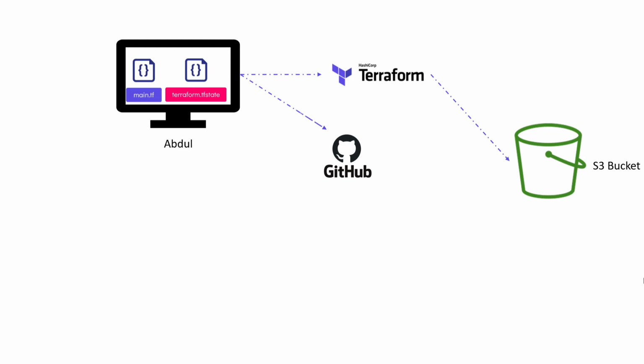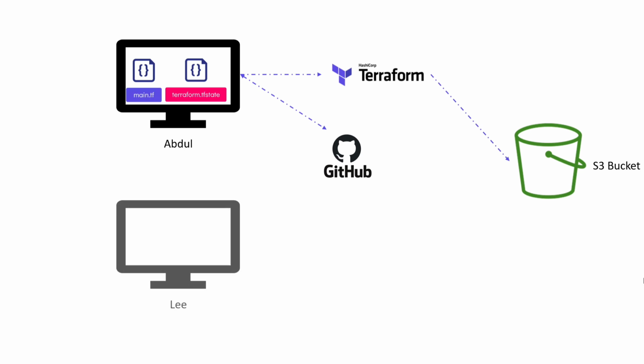The files are fetched from the Git repo, changes are then made to the configuration file, and this is followed by a terraform plan and then apply. Finally, the updated configuration file and the state are pushed to the Git repo. Now, let us assume that the team is growing and a new developer called Lee also wants to manage the infrastructure using Terraform.